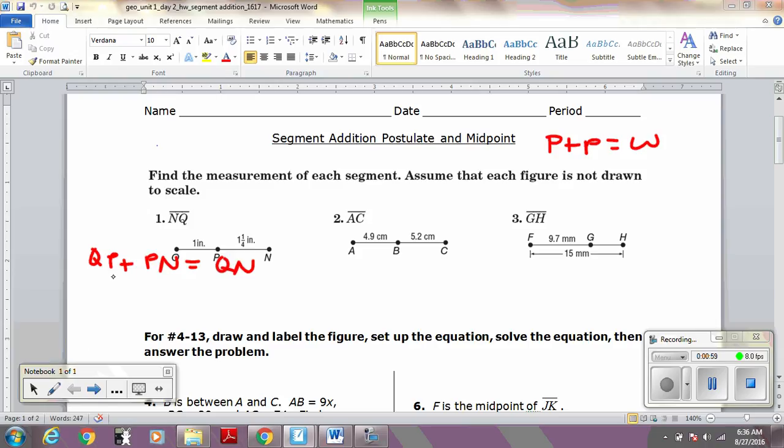Knowing that, that means 1 plus 1 1/4, which is 1.25, is equal to QN. And the directions ask for us to find NQ or QN, which is the same. So that means 1 plus 1.25 would give us 2.25 is equal to QN or NQ.